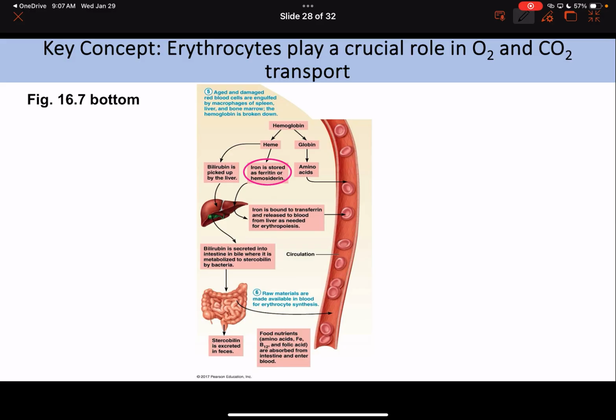And then when it's time to put that iron back into the blood so it can make its way to the red bone marrow so that it can be used to make more hemoglobin, we bind it to something called transferrin. And again, that's just to make the iron larger so that we don't lose it in our urine accidentally. So does that make sense for everyone?